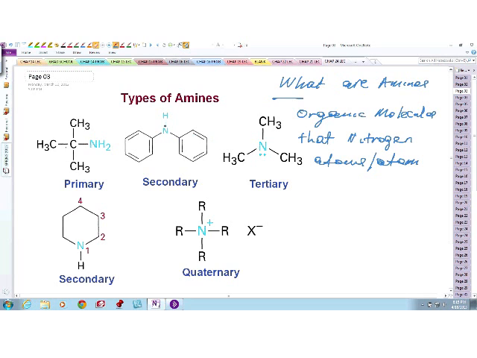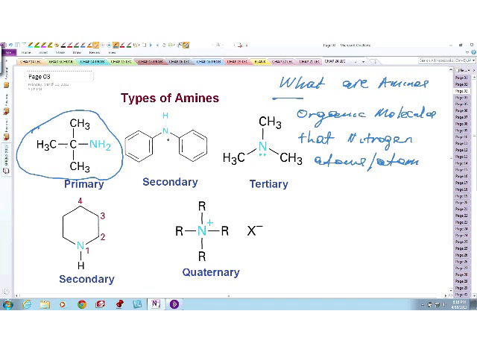As you can see in the example on this slide, we have this molecule here containing the nitrogen atom. We also have this molecule. Each one of these molecules contains nitrogen atoms.